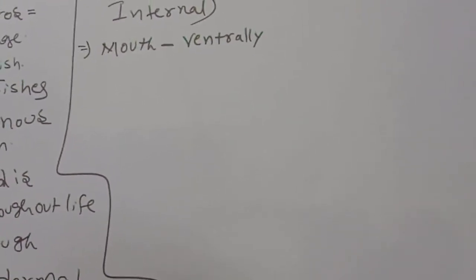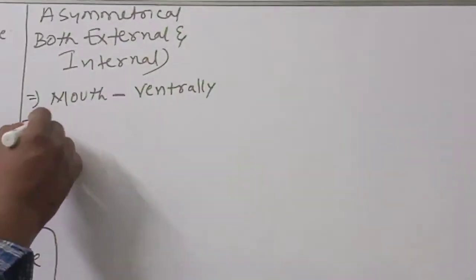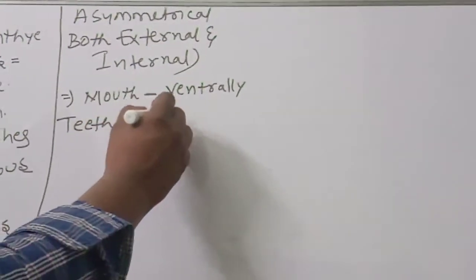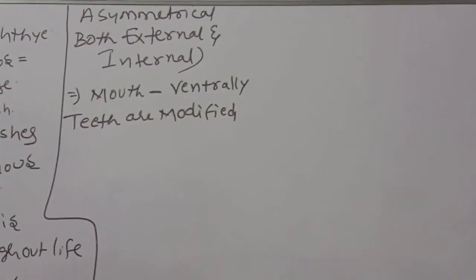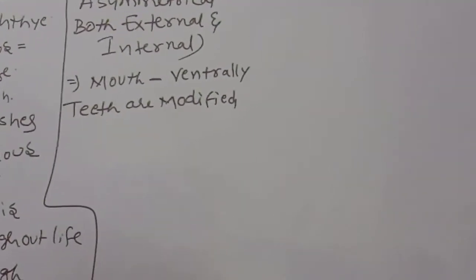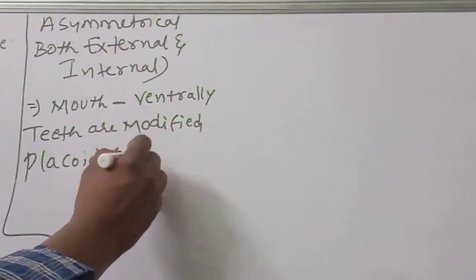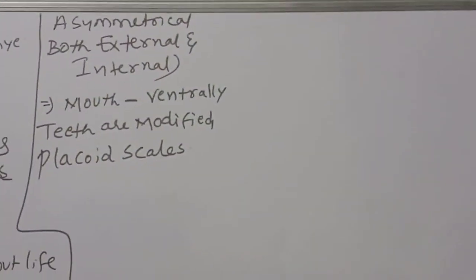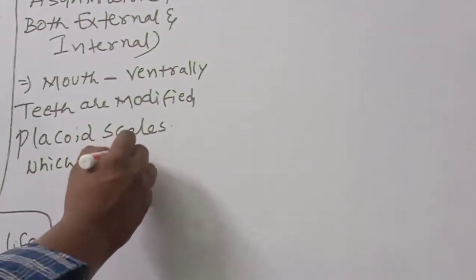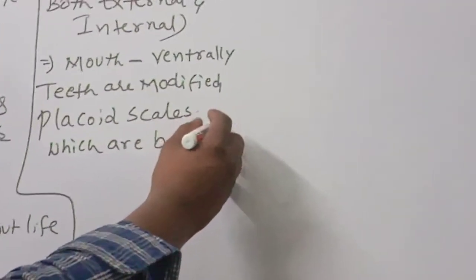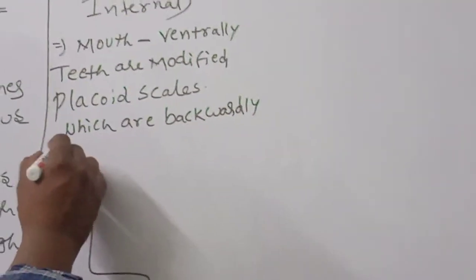After the mouth, what we have to remember is that teeth are modified placoid scales which are backwardly directed.